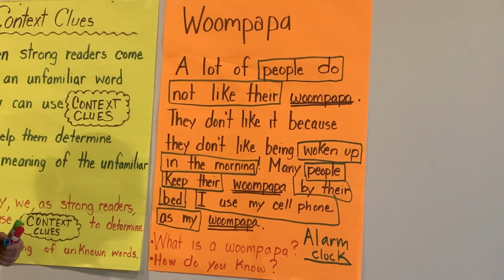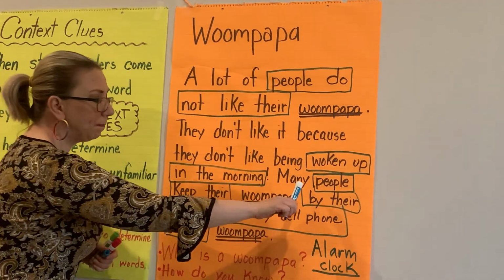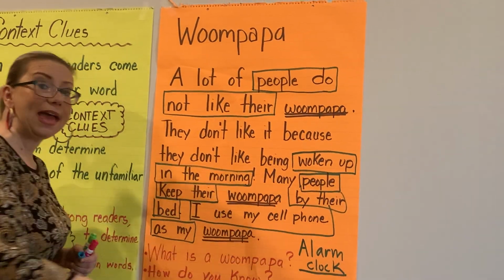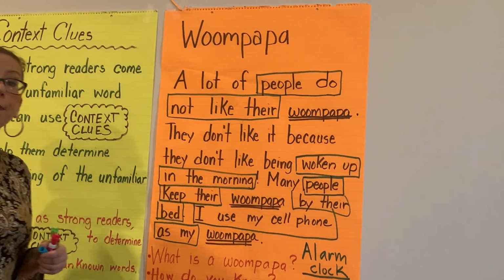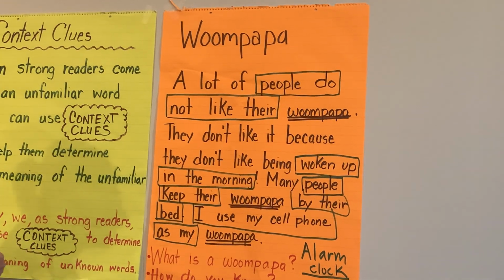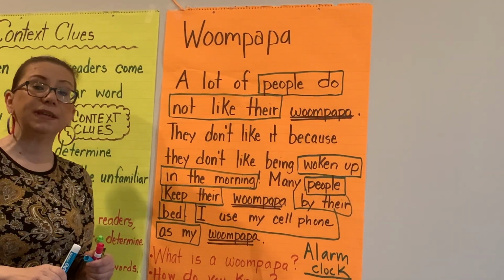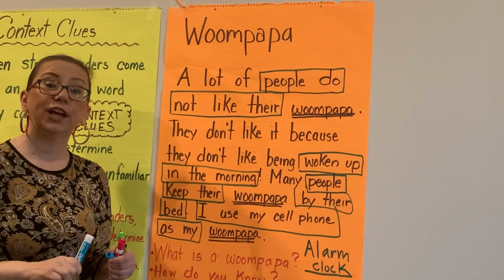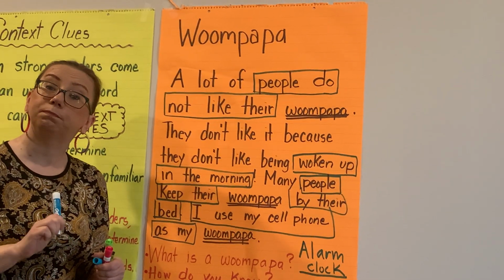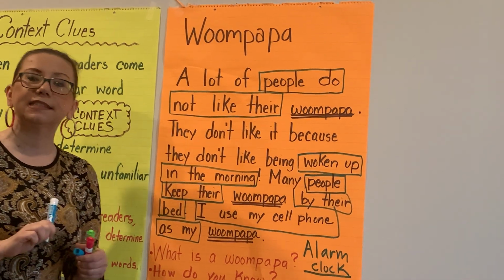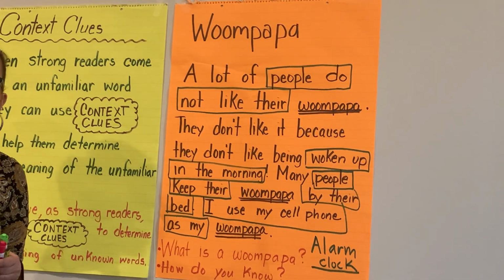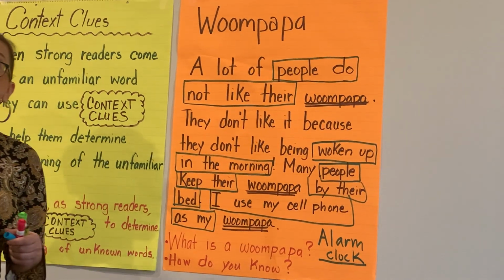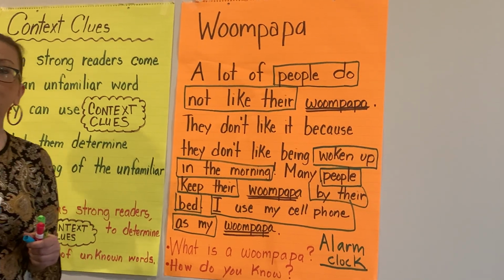I also know that many people keep this thing that wakes them up in the morning by their beds. And why do they keep them by their beds? Because I know, because of my background knowledge, that what people generally keep next to their beds is some sort of clock or cell phone or watch that makes noise in the morning to wake them up.